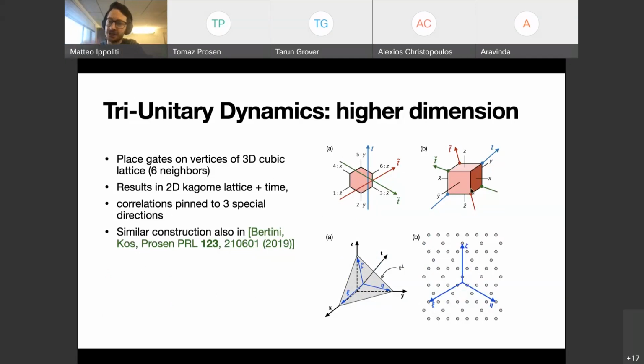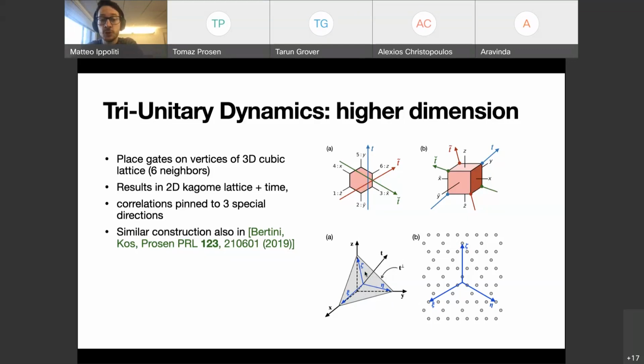Then much the same reasoning that one can use for correlations in 1+1D goes through. You find that correlations are pinned to the x, y, and z directions in this cubic lattice, except time is in the 1-1-1 direction, for example. It's in the middle of this tetrahedron, the octant of space-time.